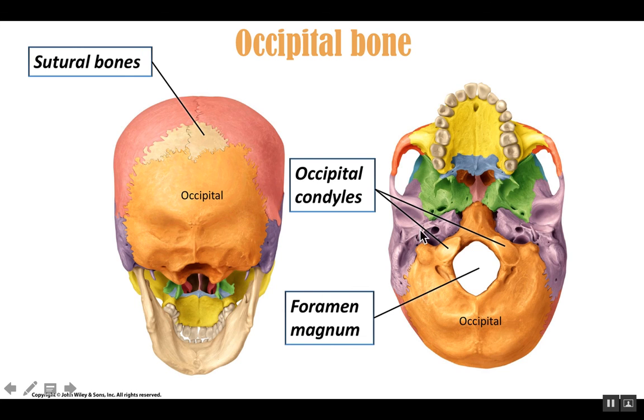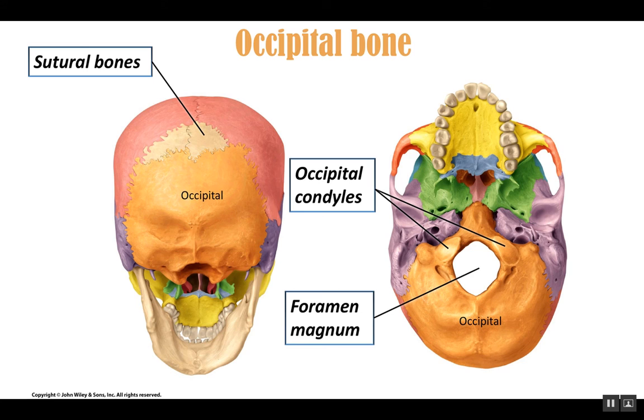On each side of the foramen magnum, there are condyles, and we mentioned what a condyle is previously. It's a fairly large, smooth, rounded surface that forms a joint. So the joint that it forms is known as the atlanto-occipital joint.